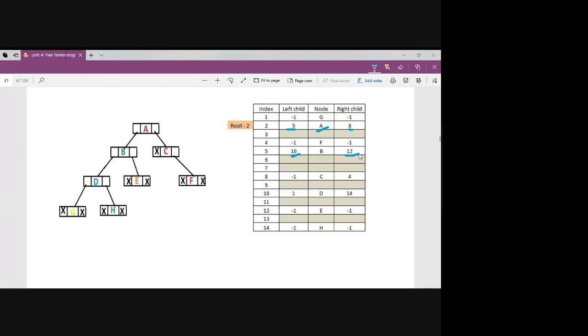So here the address is 5, and C is 8. That's the meaning. And for B, D is in 10, that is in this position, and B's right is holding E, so this will be 12.